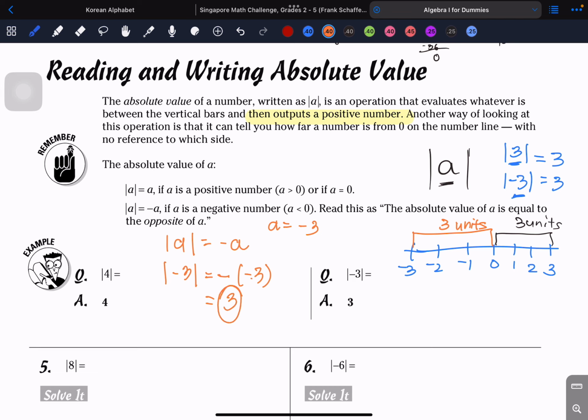Kaya positive pa rin yung sagot. Sa madaling salita, kinukuha mo lang yung opposite ng A kapag negative ang number mo. Again, kapag negative ang number mo at kinuha mo ang absolute value ng iyong negative number, you just need to get the opposite of that number, which is, in this case, it's just simply 3.